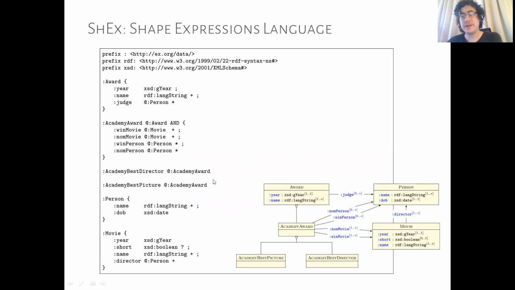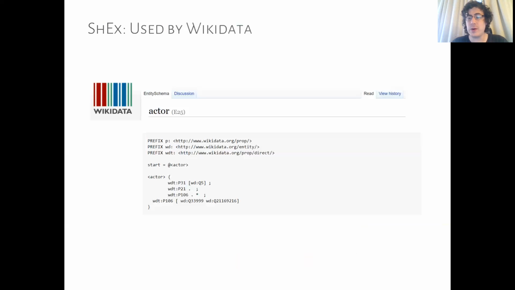I'm not going to go into detail because it's quite similar, and I focused on SHACL mainly because SHACL is a web standard. But ShEx is also quite widely used. For example, ShEx is used by Wikidata, who have started recently, in the past couple of years, to define shapes for different types of entities. So we have, for example, a shape defined in ShEx for actors, where essentially we're saying that P31 is instance of human, so all actors must be instance of human.